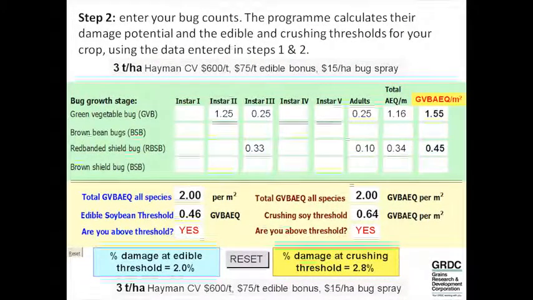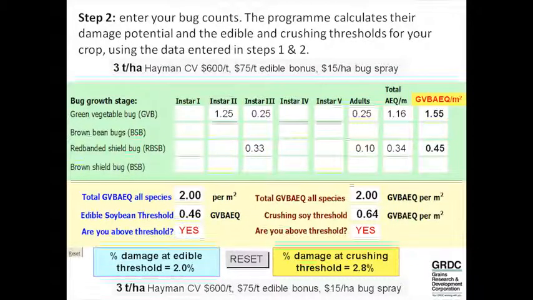And we can alter the parameters. This is the bug population you had. It calculates your damage potential for all those bugs present, 2 bugs per square metre. That's the edible threshold. And are you above threshold? It'll even tell you yes or no. The crushing threshold is 0.64.